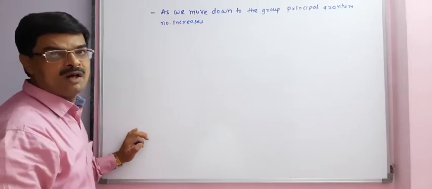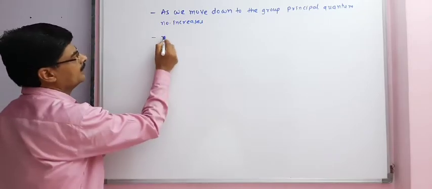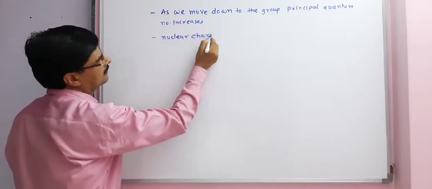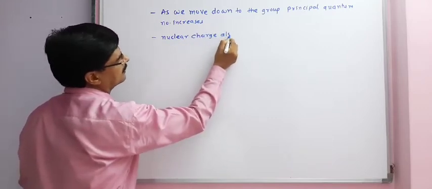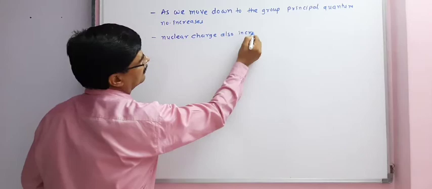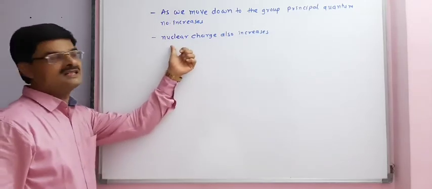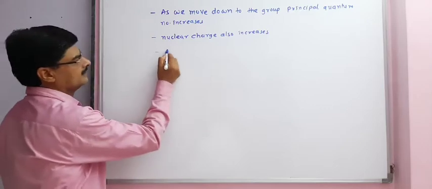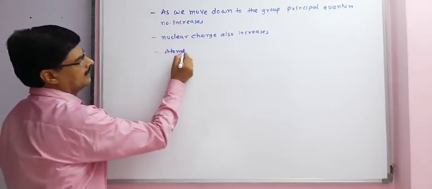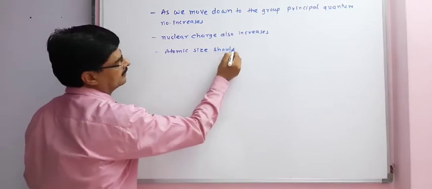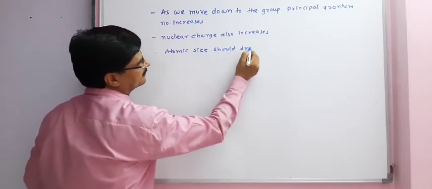As principal quantum number increases, nuclear charge also increases. And if nuclear charge increases, then atomic size should decrease.